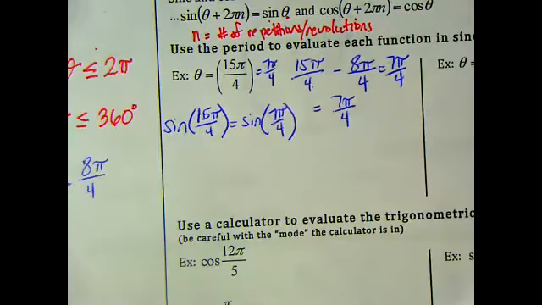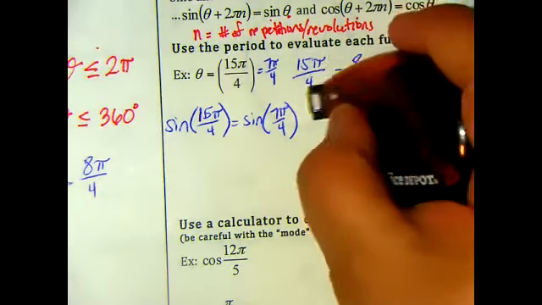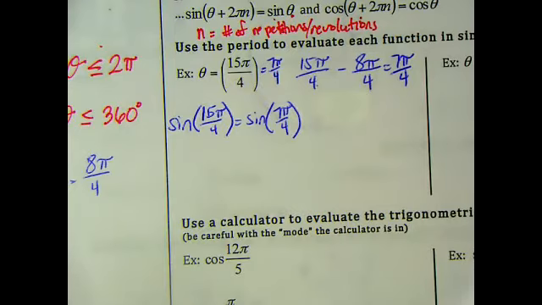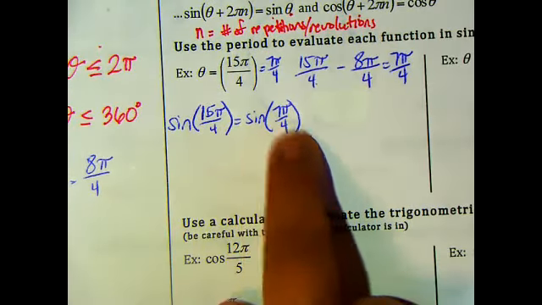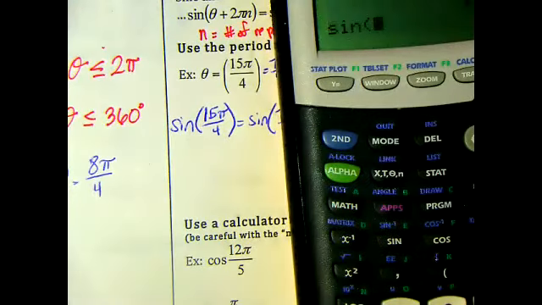Finding the sine of 15 pi over 4 is the same thing as finding the sine of 7 pi over 4. I'm running out of space here, so let me move that. Okay, so I'm going to do sine of 7 pi over 4.